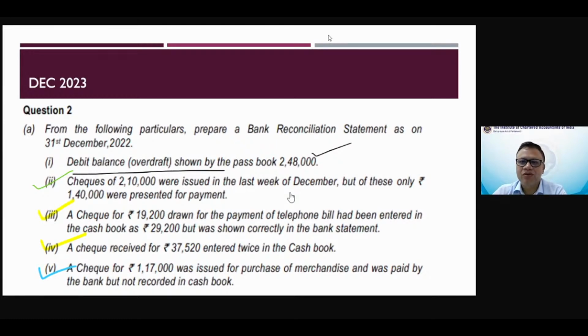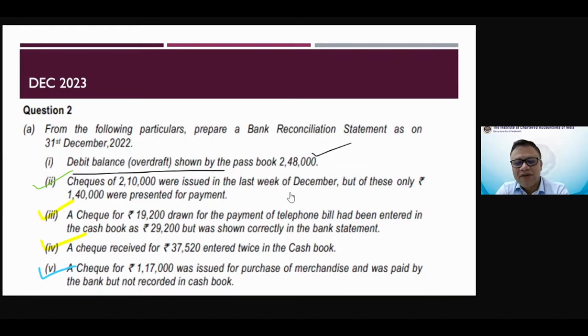Naina has some doubt. Yes, Naina? I was asking whether point number 5 is an error of omission or an error of transaction. In the light of this adjusted cash book, it is actually an error of omission, not a bank transaction.